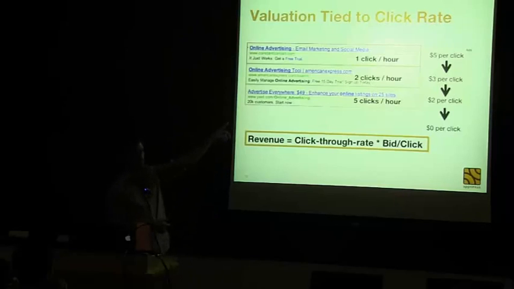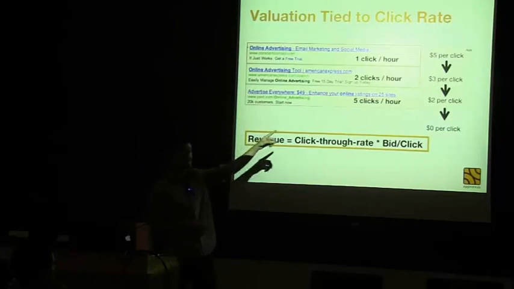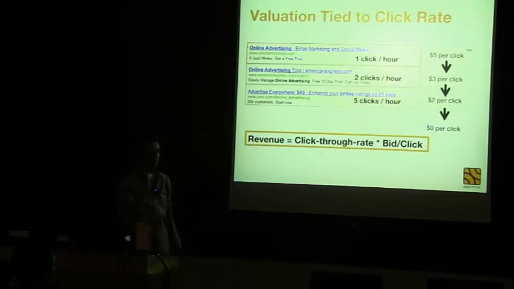So if the top bidder here is willing to pay $5 per click, and the second guy is willing to pay $3 per click, but the top bidder gets 1 click every hour, and the second bidder gets 2 clicks every hour, Google is going to make $6 by putting the second highest bidder's bid up top versus $5.